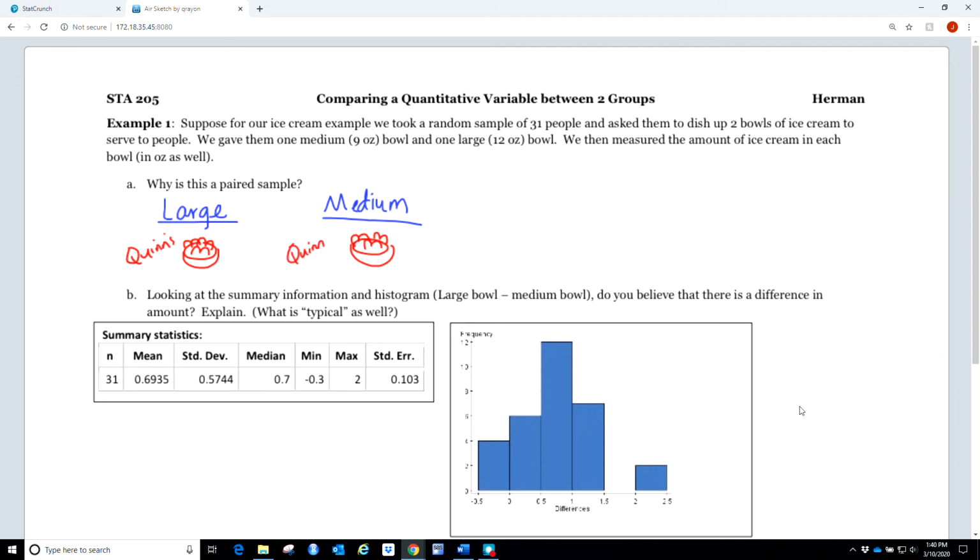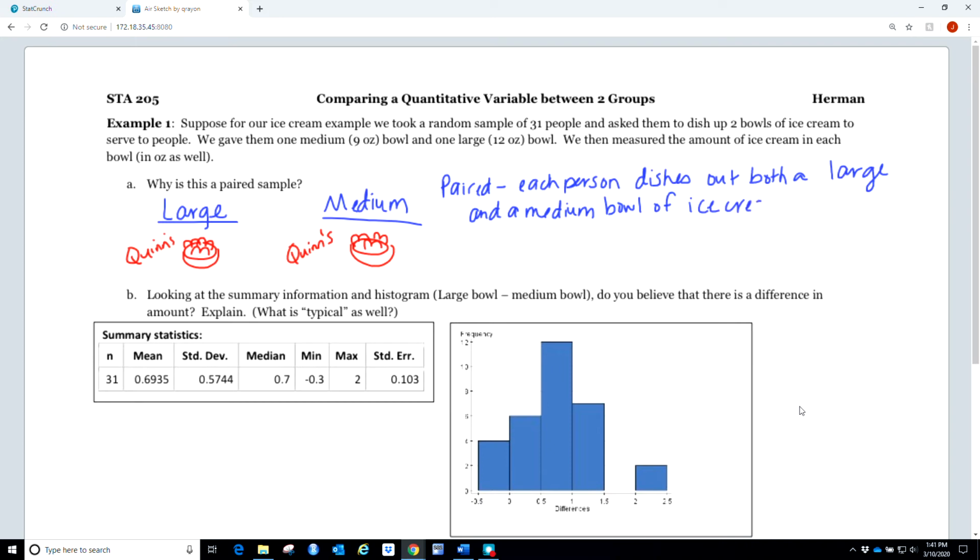Each person is dishing out both bowls, so that's why this one is going to be paired.